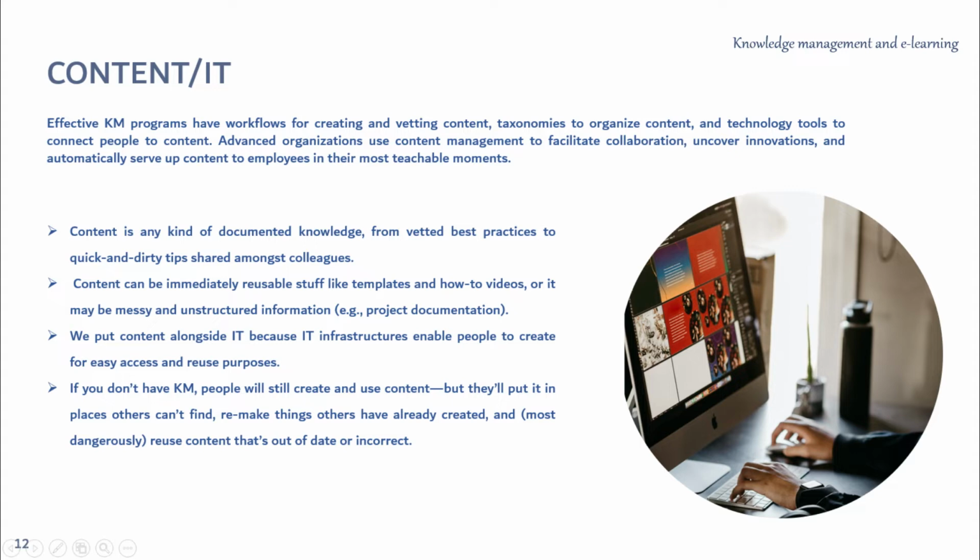So, content can be defined in the following ways. Number one, content is any kind of documented knowledge, from vetted best practices to quick and dirty tips shared among colleagues. So, we put content along with IT because IT infrastructures enable people to create content for easy access and reuse processes.